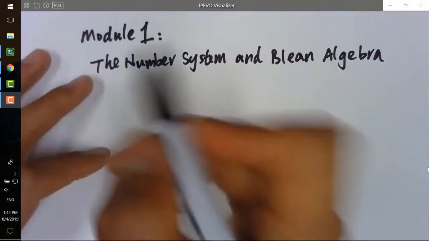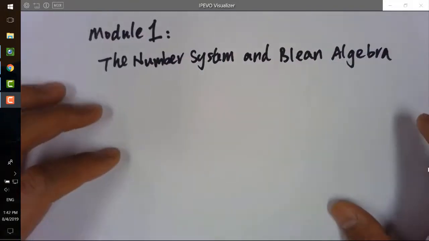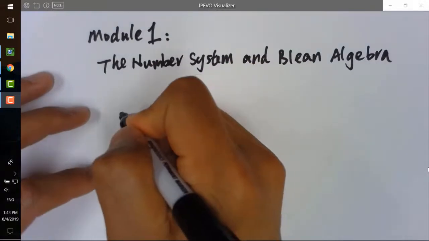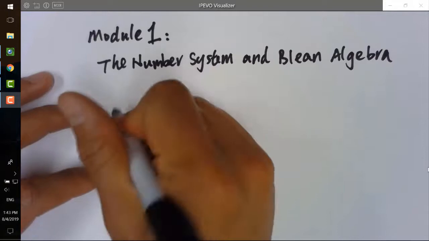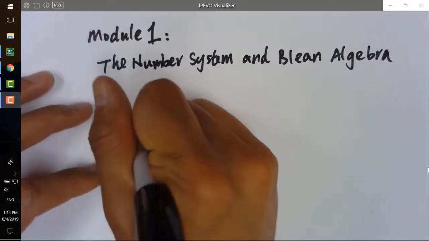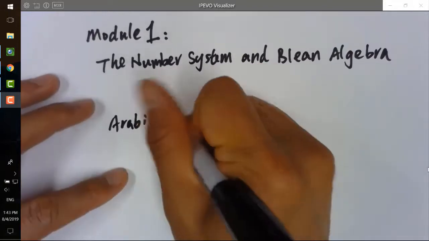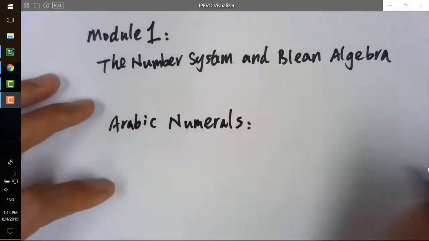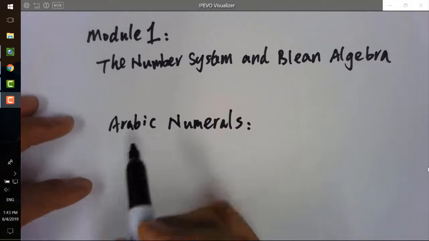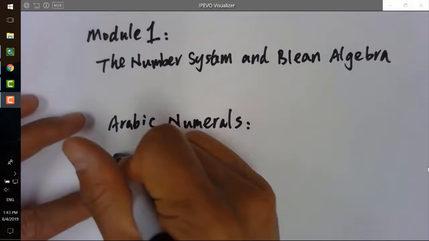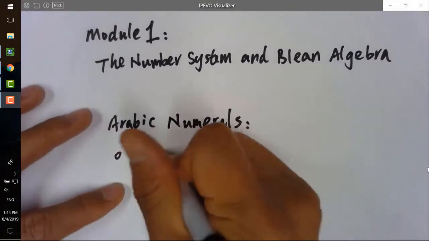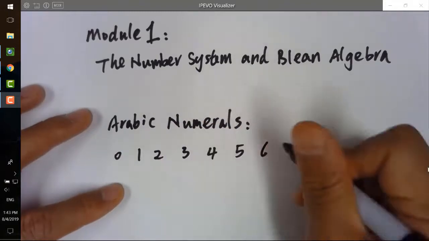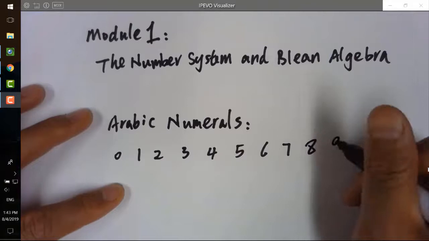So let's look at one example here. For example, the Arabic numerals. There are 10 numbers in there: 0, 1, 2, 3, 4, 5, 6, 7, 8, 9.